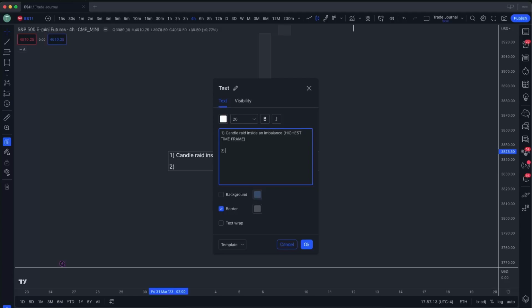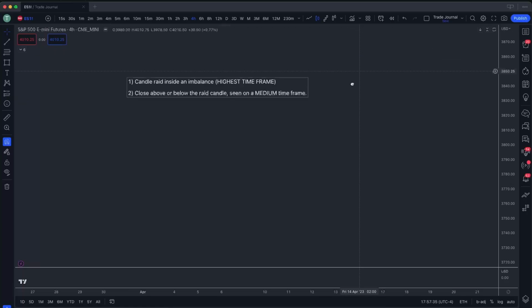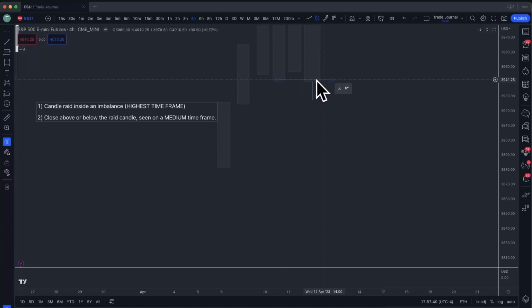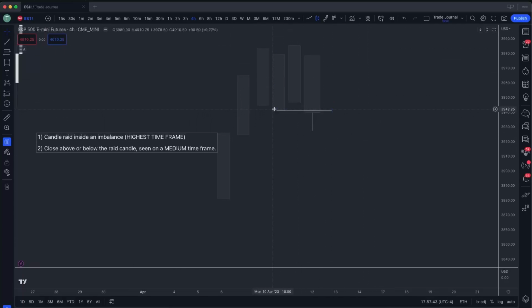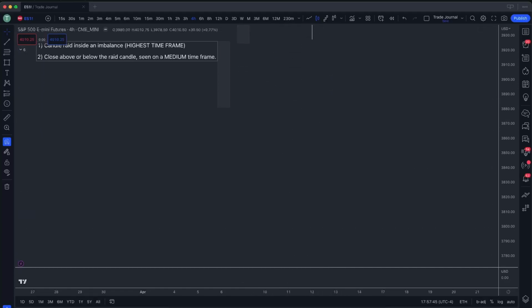And so step 2, we're going to use a medium time frame, and we want to see a close above or below the raid candle seen on a medium time frame. So what that would look like is if we were to isolate this area here, going below this level, you'll have our candle low here.